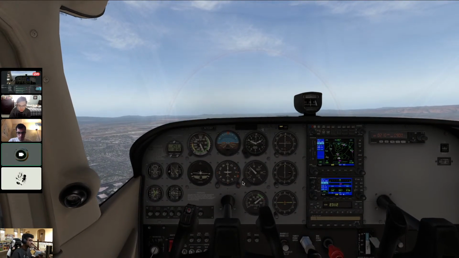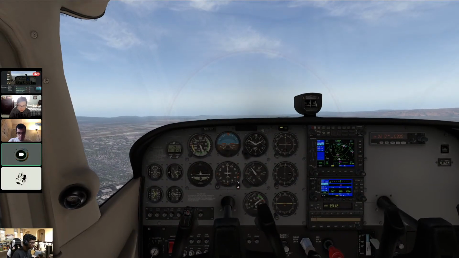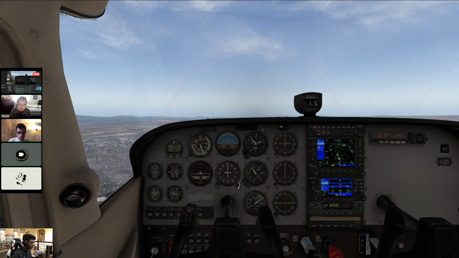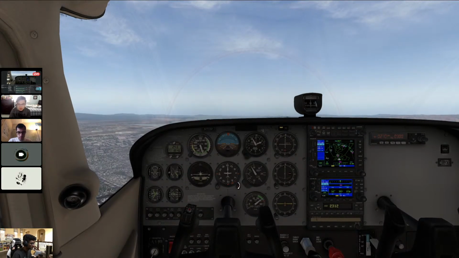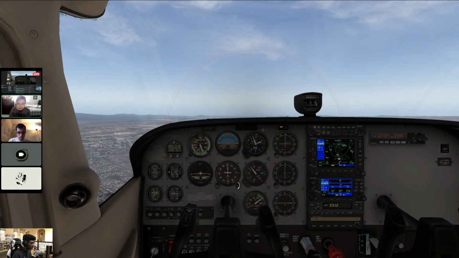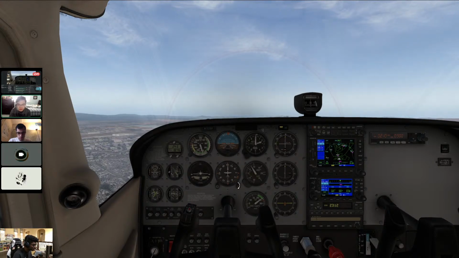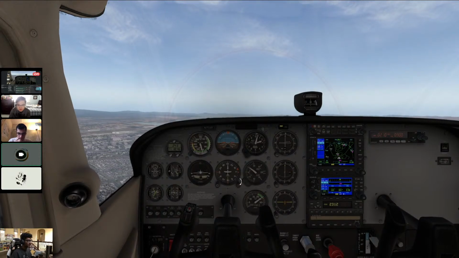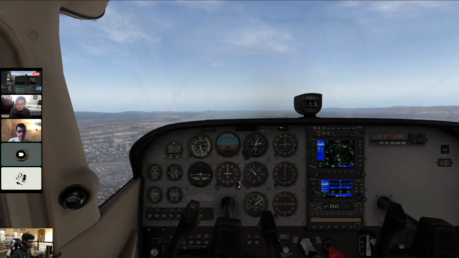Fly heading 020, climb maintain, please repeat altitude. Skyhawk 172 Sierra Papa, turn right heading 020, climb maintain 5,500. Turn right heading 020 and climb maintain 5,500 for 172 Sierra Papa.